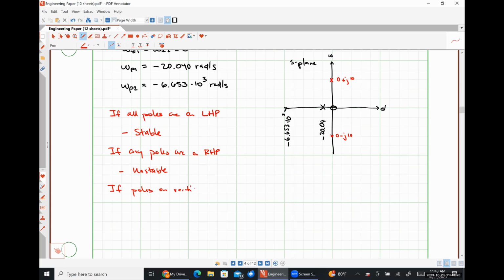If poles are on the vertical axis, we have discrete poles. That indicates stable. Excuse me, this should be repeated poles.